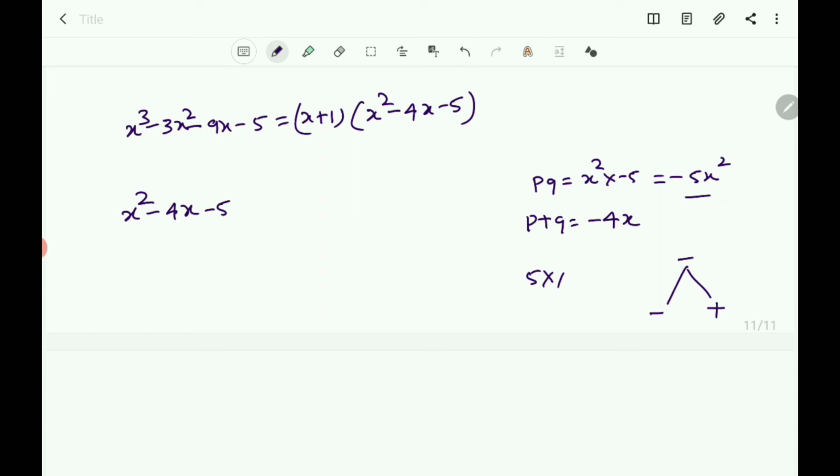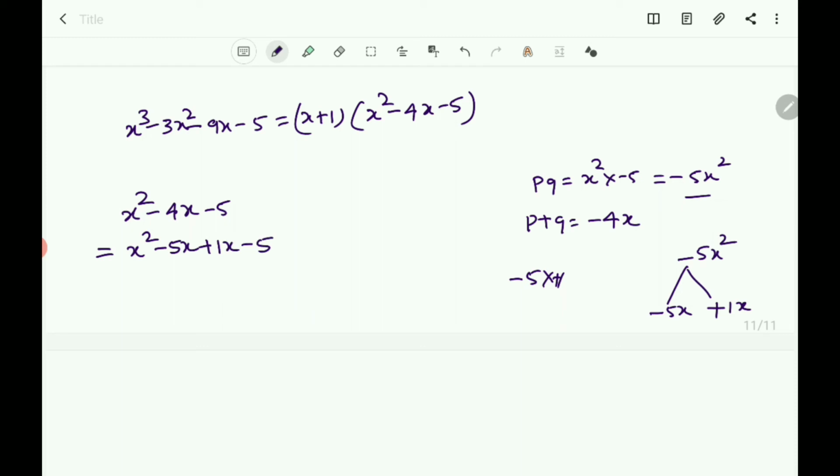That is minus 5x square. The factors are minus 5 and plus 1. Minus 5x plus 1x. Different signs, and the greater factor has the negative sign as the middle term is negative. So x square minus 4x can be split as minus 5x plus 1x.